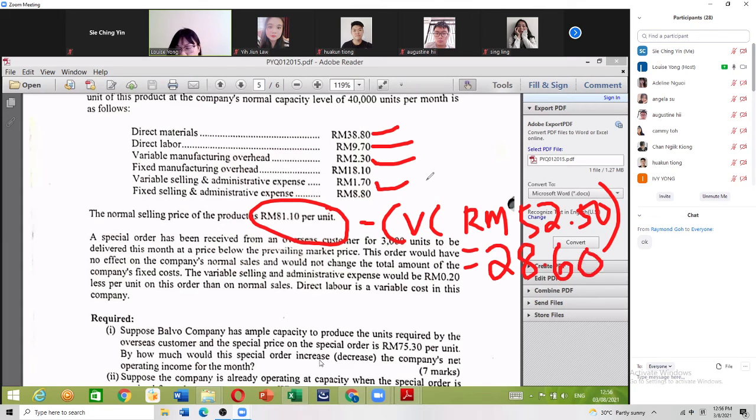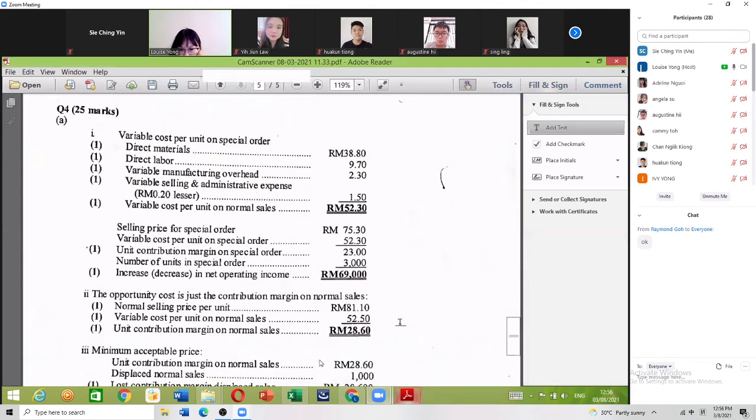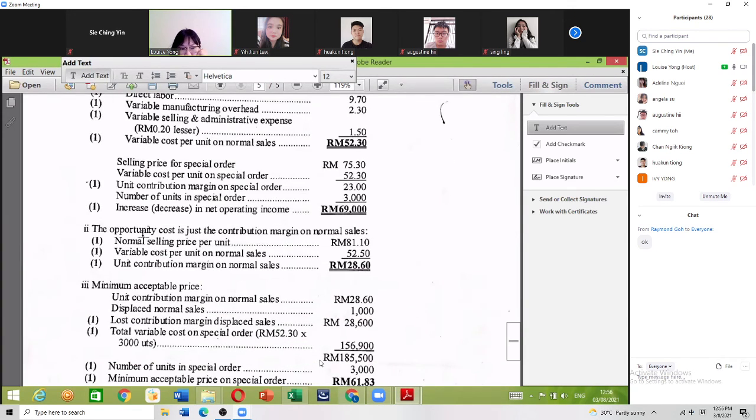Your contribution per unit will be $28.60. If you accept the 3,000 units, you lose the production of 3,000 normal units, and this becomes your opportunity cost. The suggested answer says the opportunity cost is just the contribution margin on your normal sales.